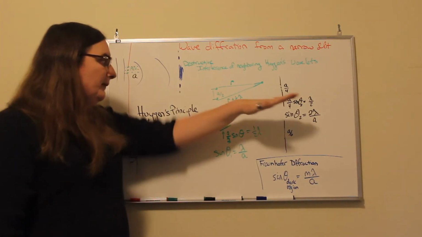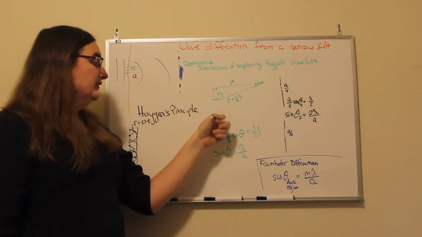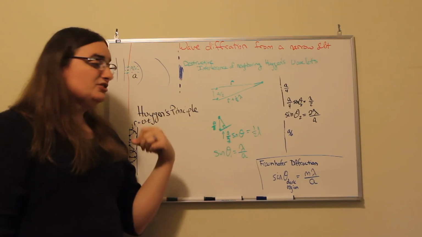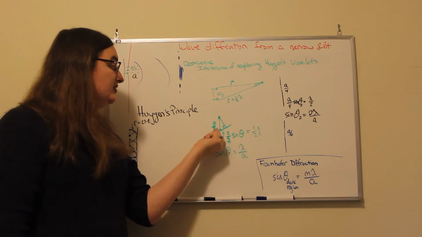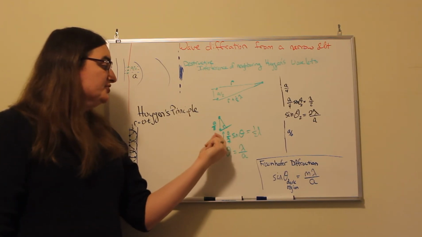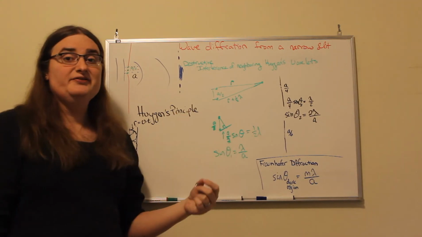Well, because we're off at an angle, the extra distance in path, by using right triangle trigonometry, tells us that extra bit of distance would be our aperture size over 2 times the sine of theta.